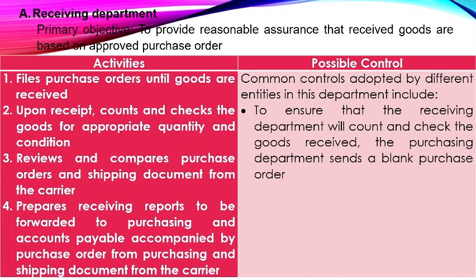Prepares the receiving report to be forwarded to purchasing and accounts payable, accompanied by the purchase order from purchasing and shipping documents from the carrier. The possible control for this is to ensure that the receiving department will count and check the goods received and the purchasing department sends a blank purchase order.